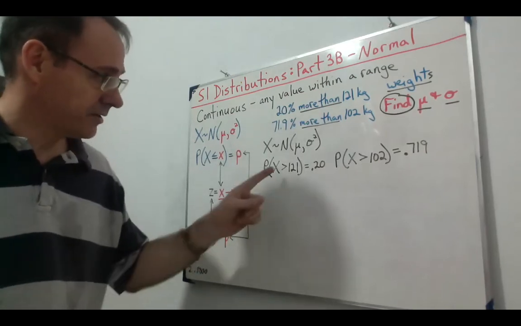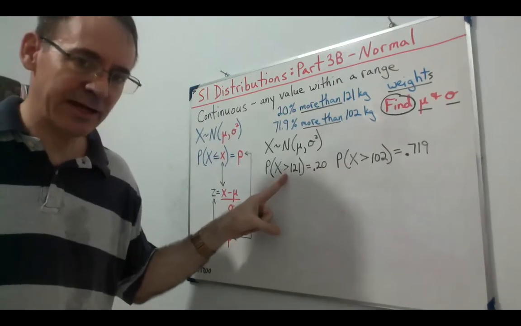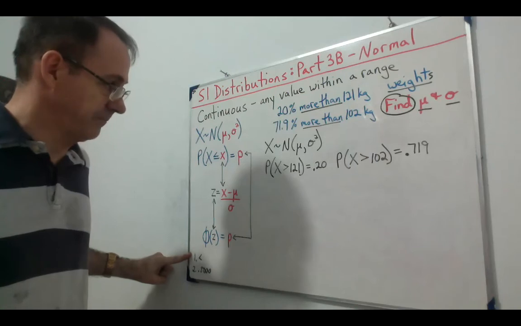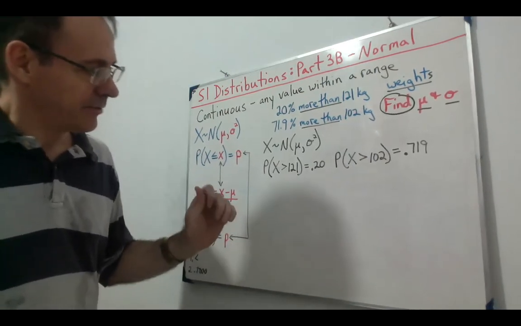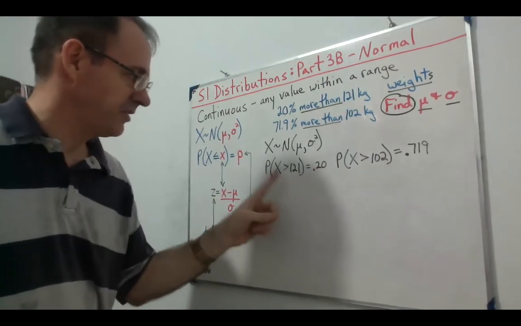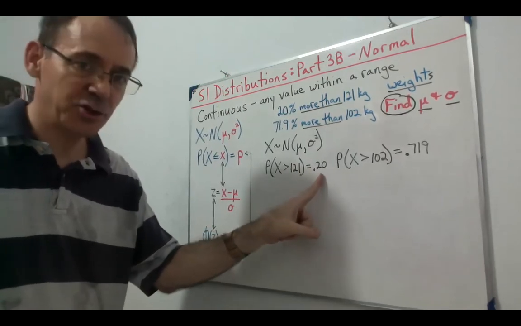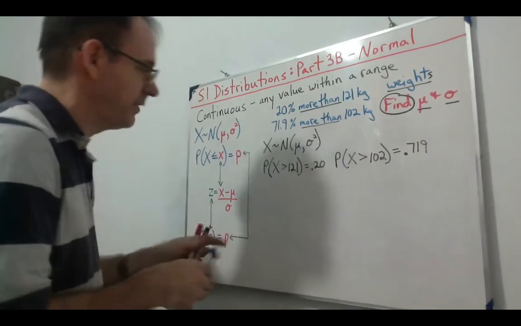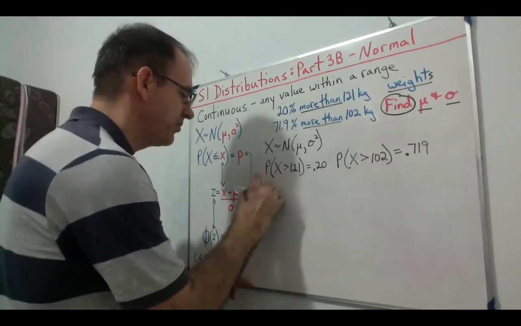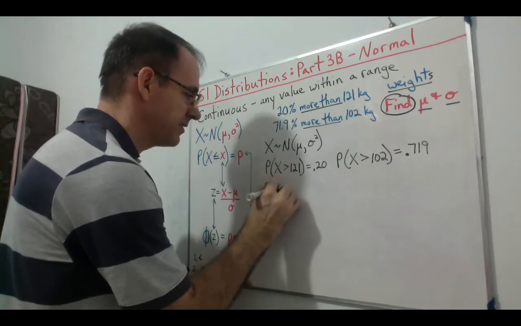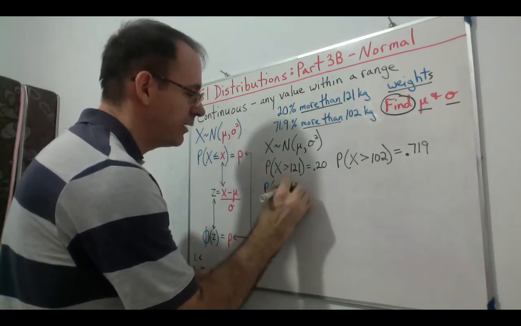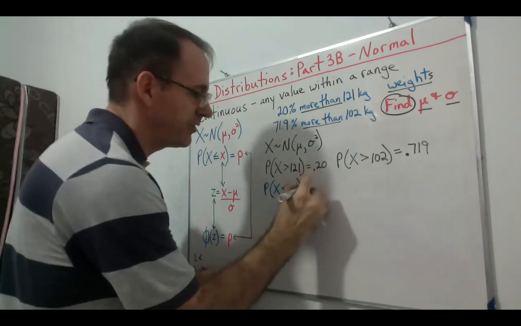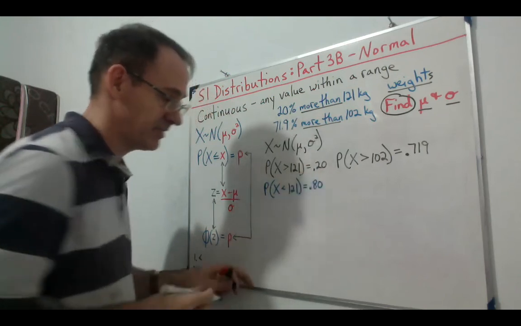A couple things you should notice. Both of them have a greater than sign, and our phi z chart needs a less than sign. The good news for this one is we can choose to do 1 minus the probability. So on this one, we can change this to the probability that x is less than 121 and just do 1 minus 20%, which is 80%.